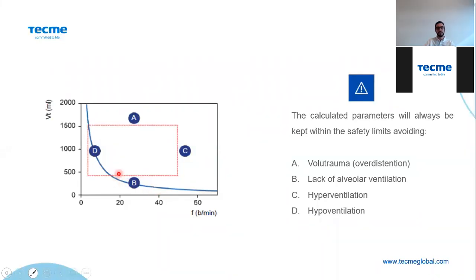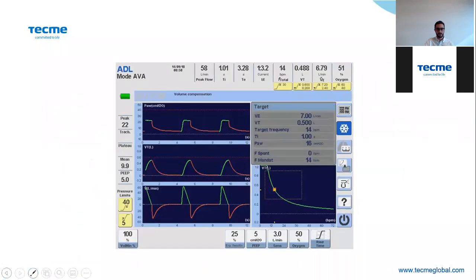If the minute volume cannot be reached, for certain patient characteristics or whatever, the ventilator will inform you that it's not possible to achieve the set ones. This is the ventilator screen. You set the ideal body weight at the beginning, and you also have to set the percentage of minute volume.